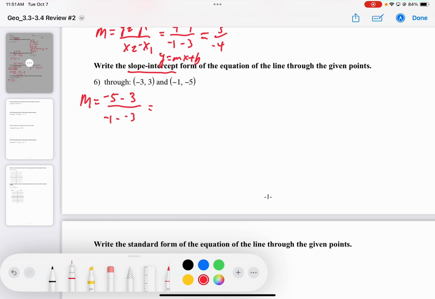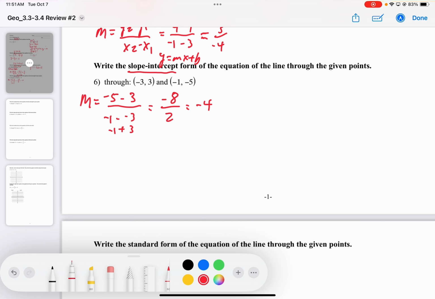All right, negative 5 minus 3. Negative 8. Negative 1 minus negative 3. Close. Other way. Minus a negative turns into a plus in the bottom, so it's like negative 1 plus 3. So 2. So my slope is going to be negative 4.